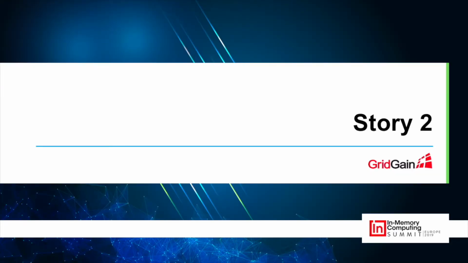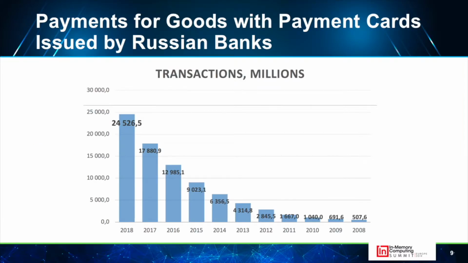Next story. This graph shows statistics which I took from the Bank of Russia on transactions carried out with payment cards issued by Russian banks. You can see in 2017, more than 17 billion transactions were made to pay for goods and services.